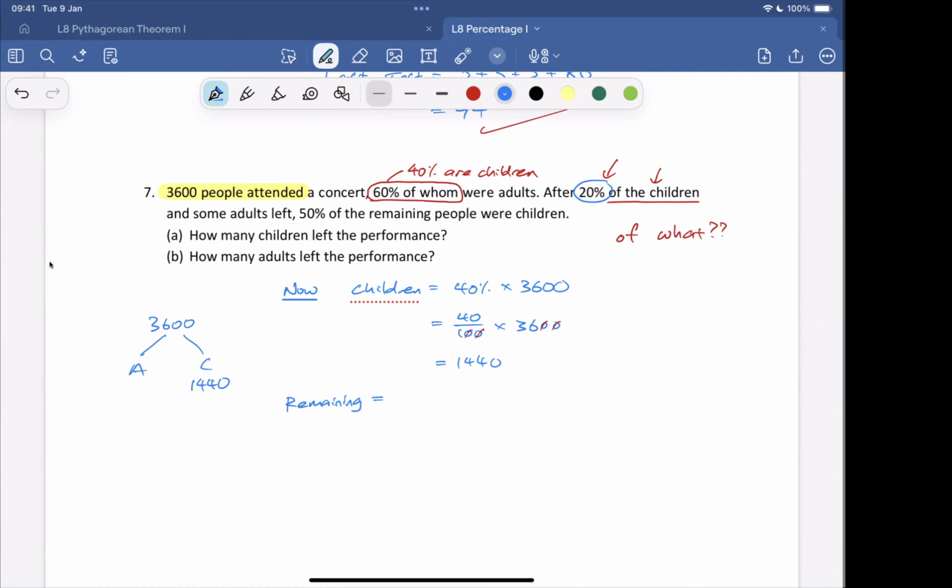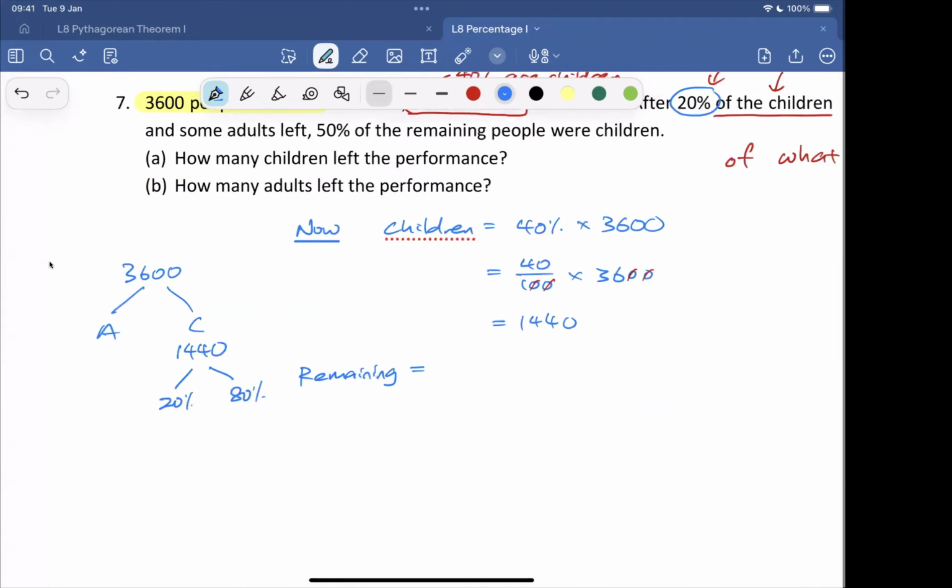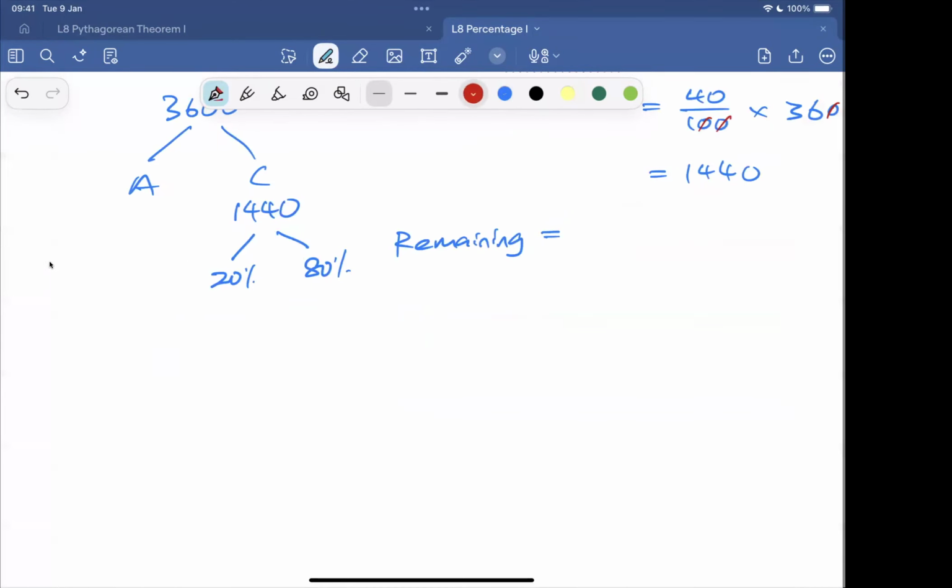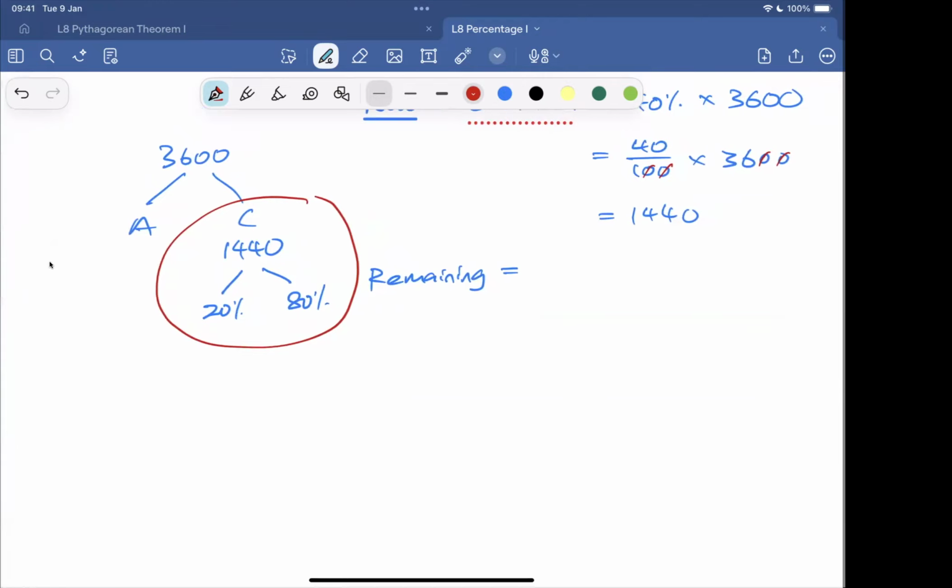So we need 20 out of 100 times 1440. Correct. That's what you're doing. So we cannot take 40%.